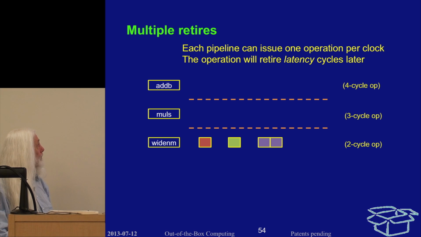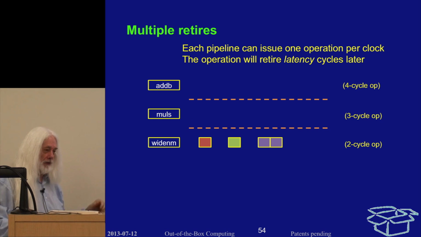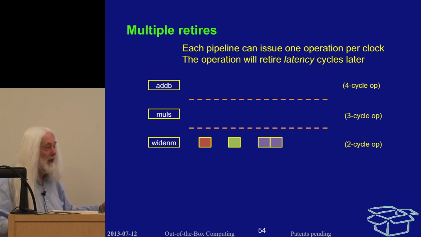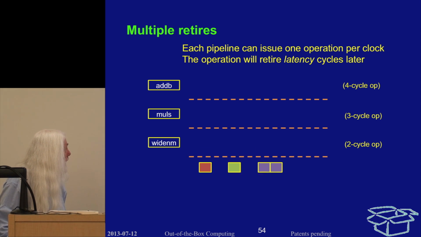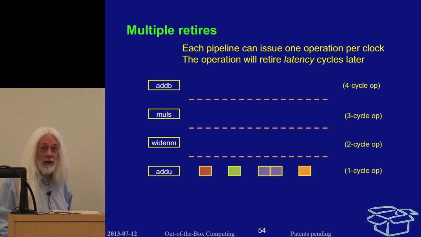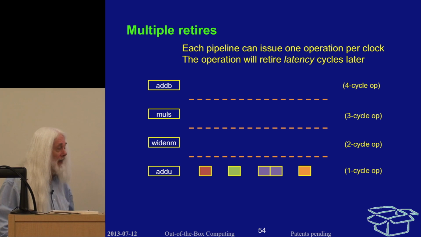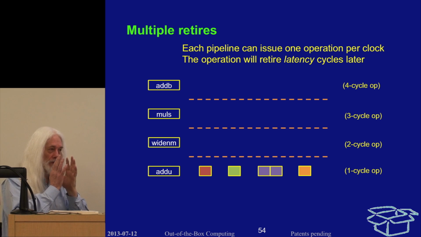One cycle later, the widen M operation is a vector operation that takes a vector of shorts and turns it into 2 vectors of word, or similar. So it has 2 results, and it is a 2-cycle operation. One cycle after that, our friend the unsigned integer add, 1 cycle, the yellow over there. Each one of these is in some state within the pipeline of its own functional unit.